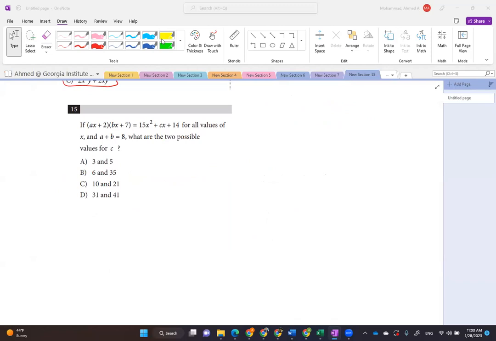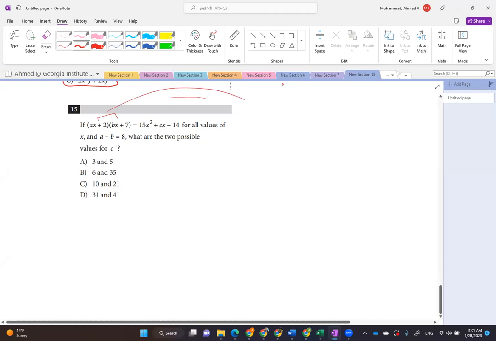Adham and Amina. Okay. For number 15, we have AX plus 2 multiplied by BX plus 7 equal 15x squared plus CX plus 14 for all values of X. Okay, so we need to find the two possible value of C. So first of all, this is quadratic equation.